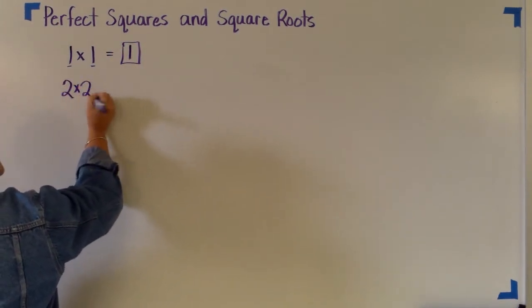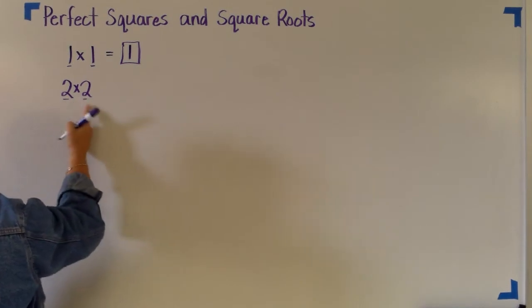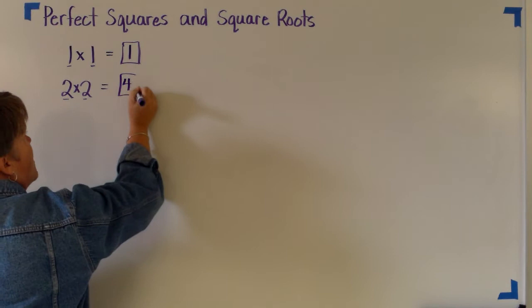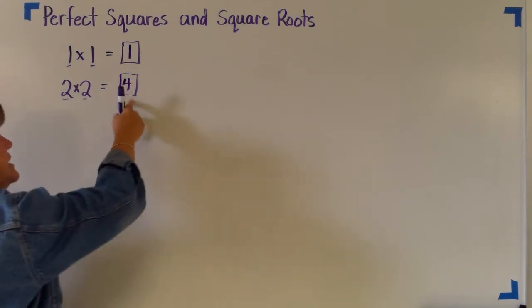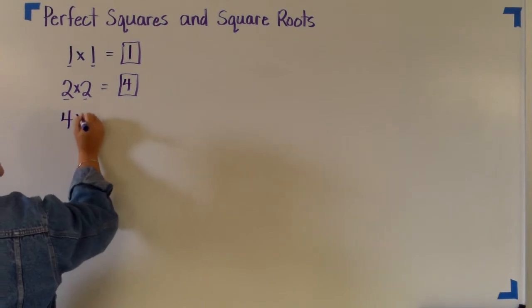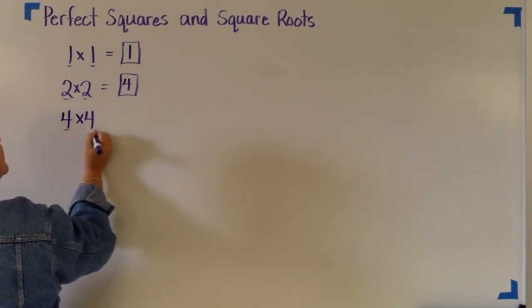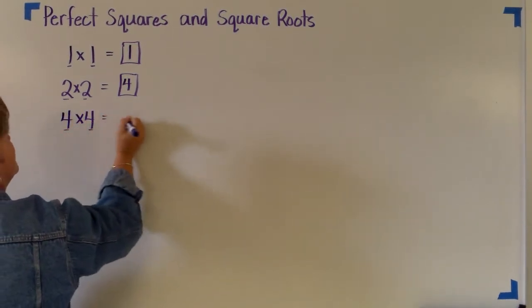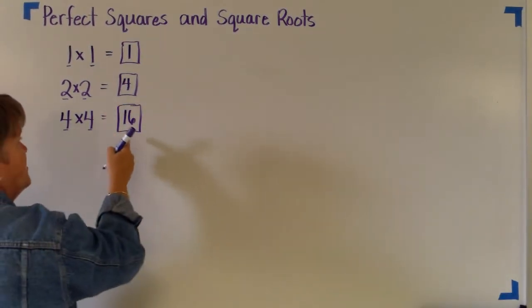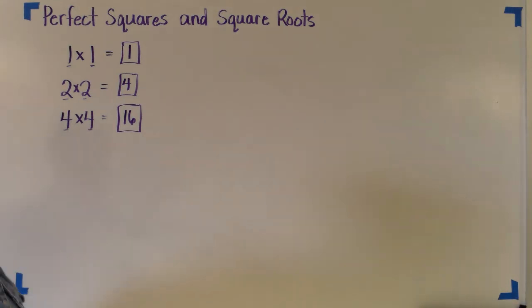2 times 2. Factor, factor. Same factor in the multiplication problem equals 4. 4 is a perfect square. 4 times 4. Factor duplicating. 4 times 4 is 16. 16 is a perfect square. It can be any number.